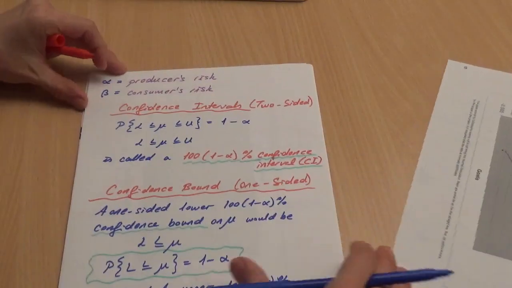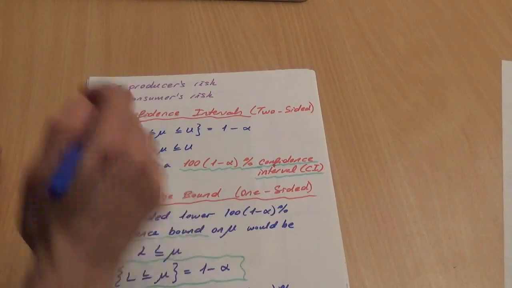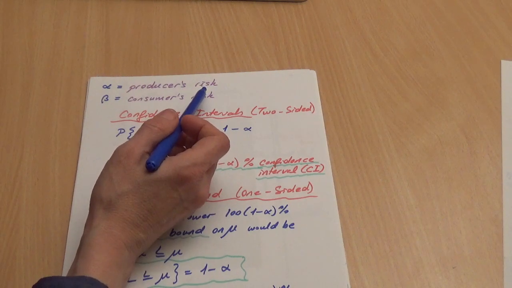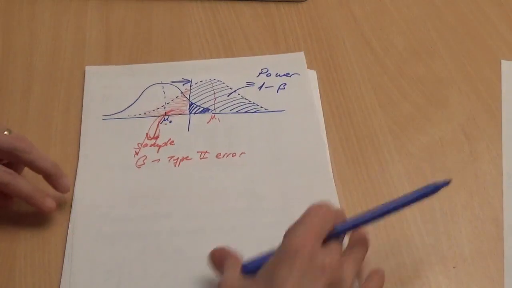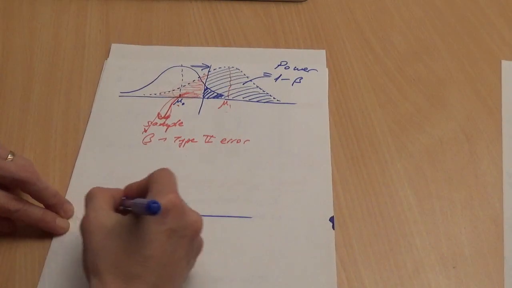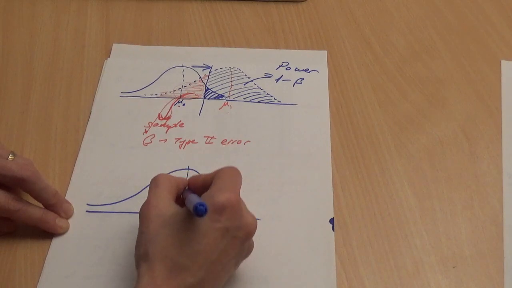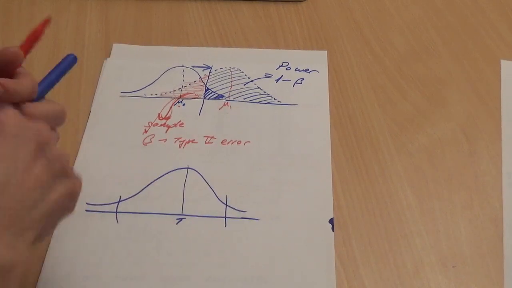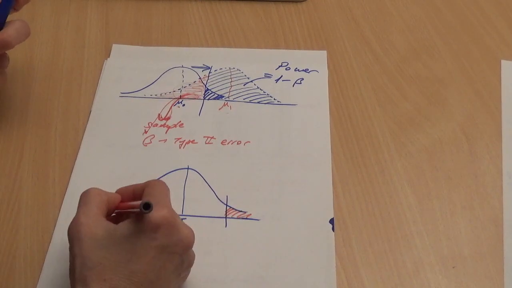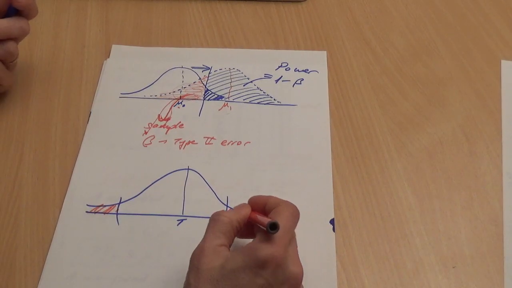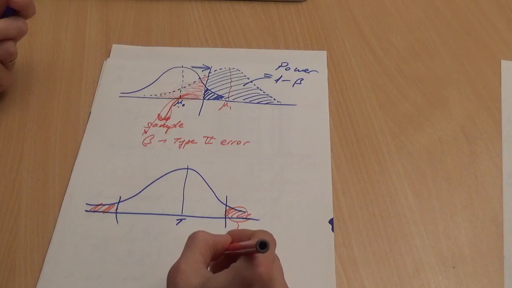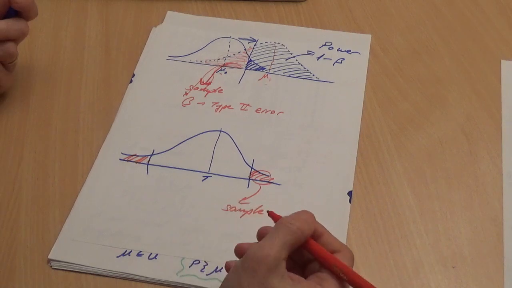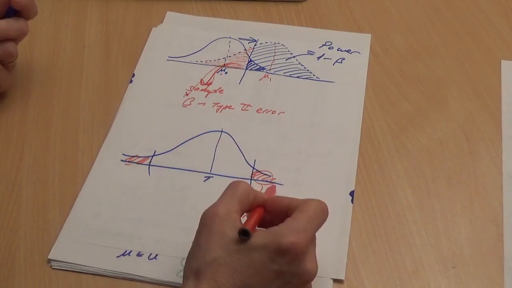And we also name these alpha and beta values. Alpha is producer's risk. Why? Because the production has not changed. Let's say this is our production and we produce at the target, but we have some rejection areas, and randomly we have selected from this area, and as a conclusion we said that the production is not at the target.